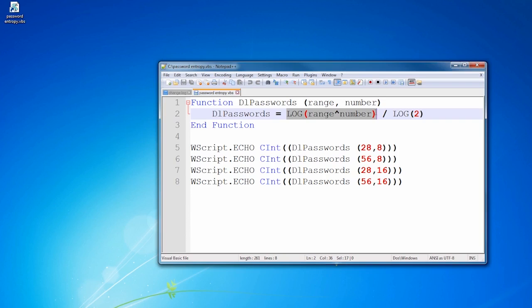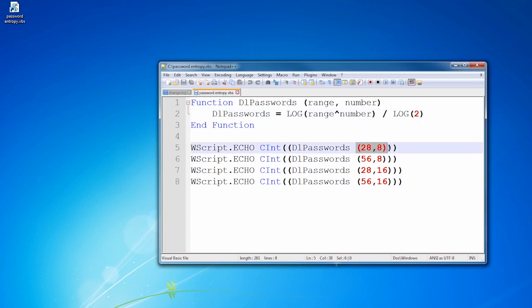If a password can, for example, only be expressed in uppercase, the range of this will be 1 to 26. The second variable, number, specifies the length of our password. Since the desired result should be in bits, we'll divide it by the logarithm from 2.